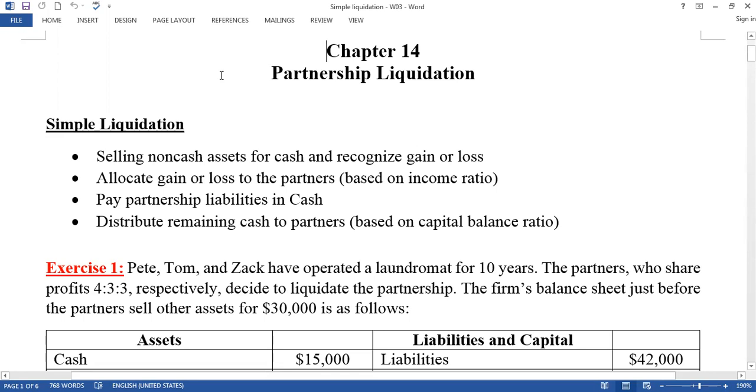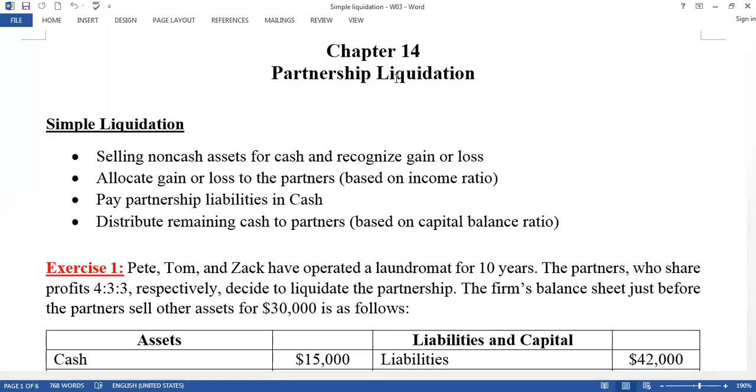Today we are going to discuss chapter 14, and the title of this chapter is Partnership Liquidation. So what is the meaning of liquidation? Liquidation means today is the last day, we are going to close our business.